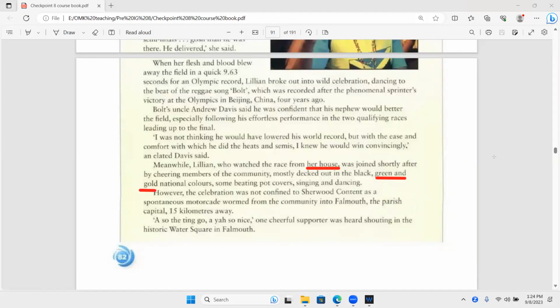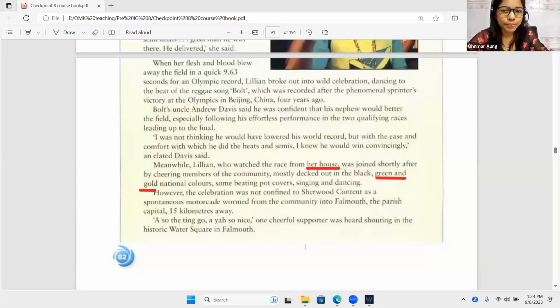Green and gold. Yeah, green and gold. Correct. Green and gold. Okay. Julita, say. Colors and cover. Where? Like next to that gold national. Like in the meanwhile paragraph. Like this last sentence. Color and cover. Yeah, ka. It is correct. Where is that? What? I could not see. Oh, in the meantime, next paragraph, right?